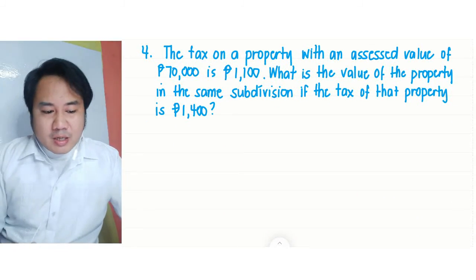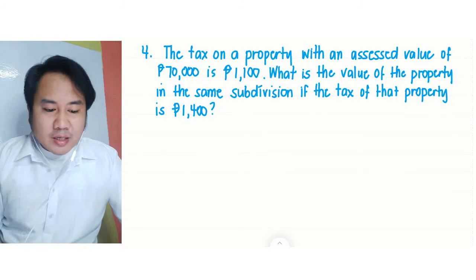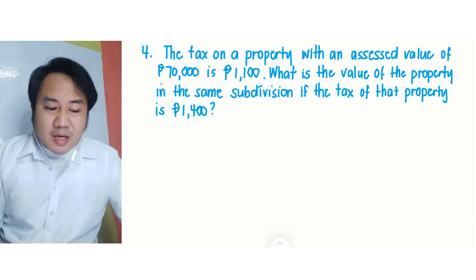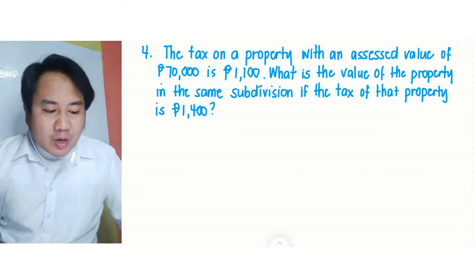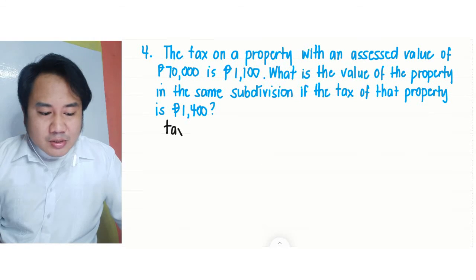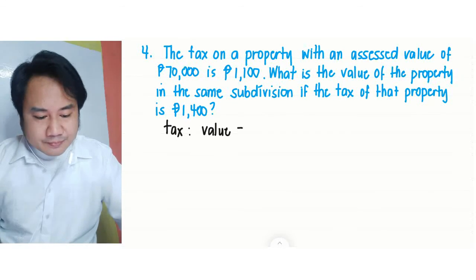Number 4. A tax on a property with an assessed value of 70,000 is 1,100 pesos. What is the value of the property in the same subdivision if the tax of that property is 1,400? In this problem, we are comparing the tax and the assessed value of the property.